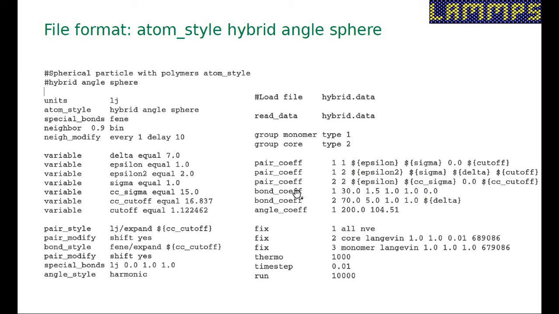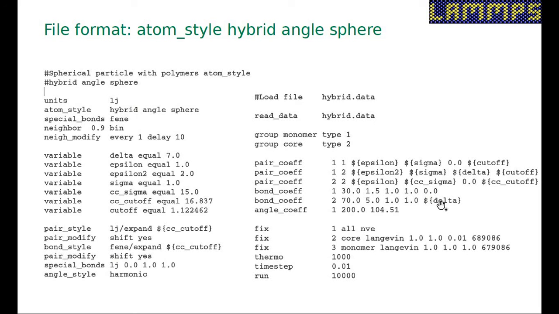Next, the bonding interactions are included. So we have the finite potential for the monomers. This is basically the same as that employed in the bond example, with the difference of this zero. This zero is just for indicating that these particles have no diameter or no structure. And this is for the interactions between the big particle and the monomers near the surface. So we need to include the parameter delta.